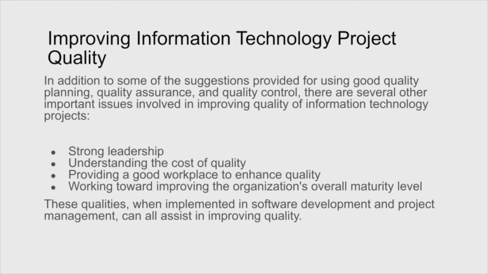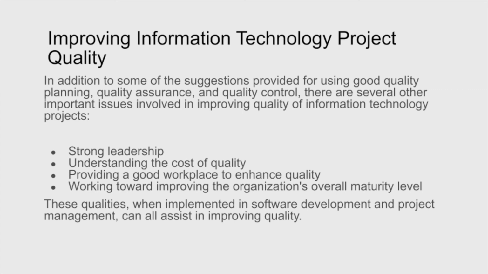So now that we've looked at the tools and techniques, let's go down to the bottom line. The bottom line is that it all comes back to people. All of these tools are useless unless people believe in them and can use them in order to improve quality. So we really need strong leadership to make sure that people are doing what they should be doing. People have to understand the cost of quality, or more especially the cost of poor quality. We need to have a proper workplace atmosphere that enhances quality.